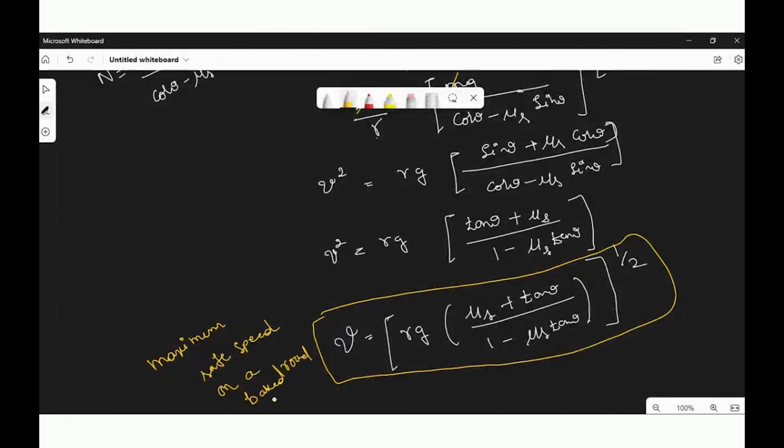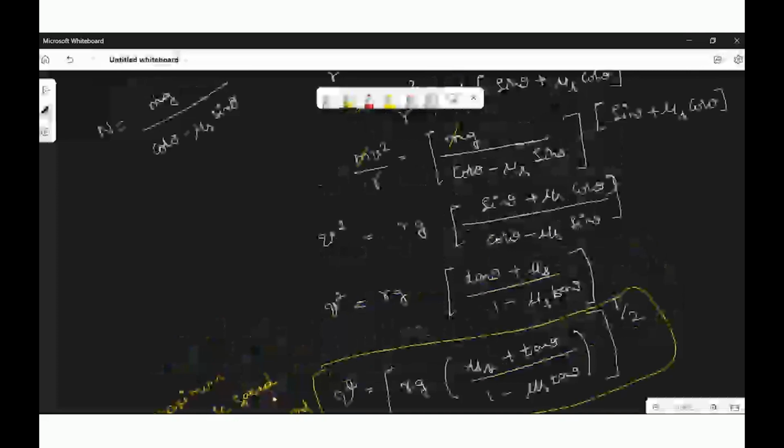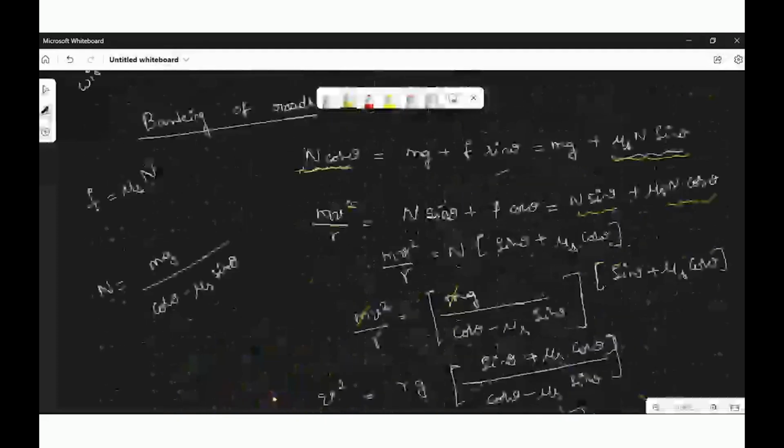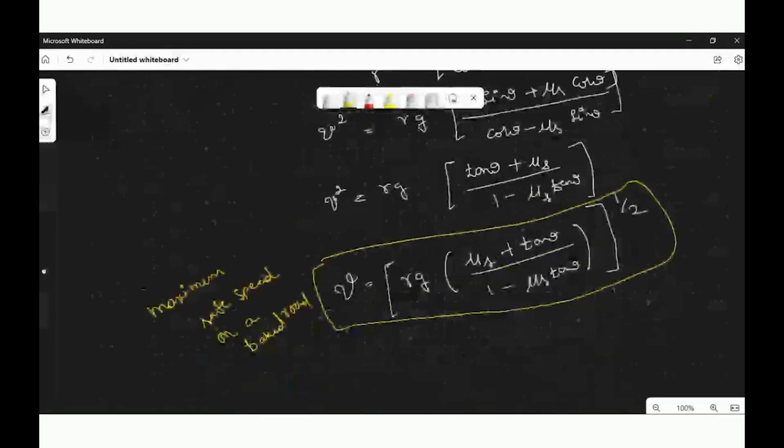Now you can see, can you check, is it greater than our previous equation? The other equation we had is mu s rg, that's all, no?